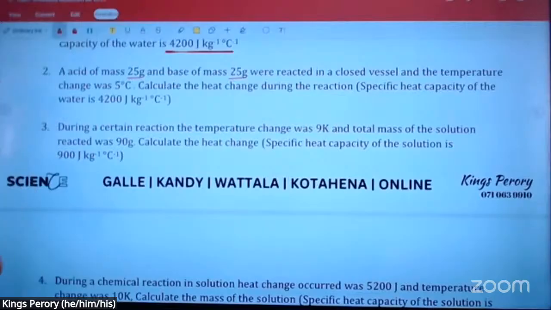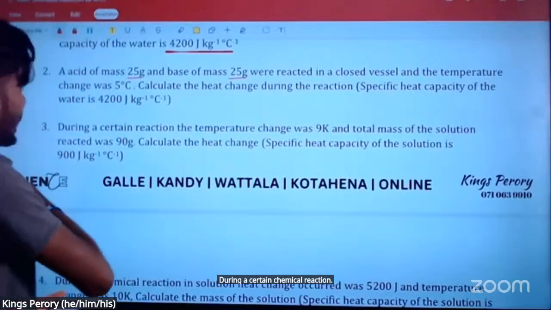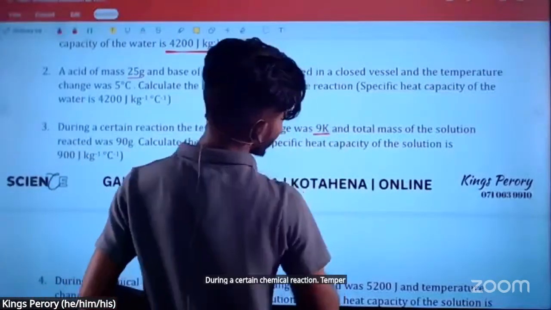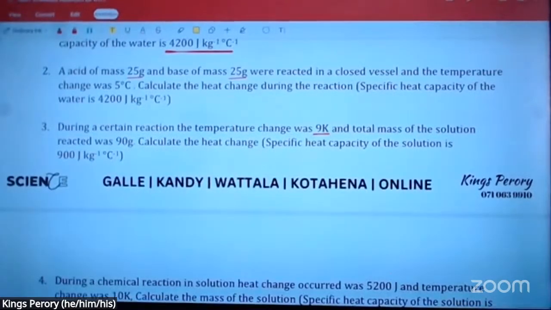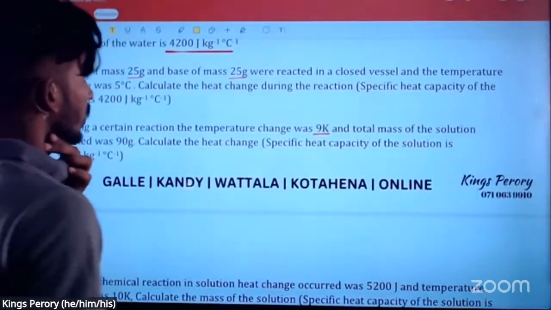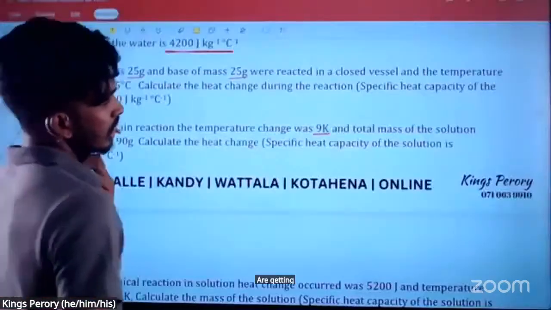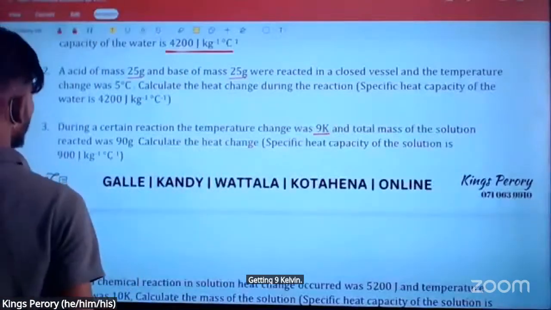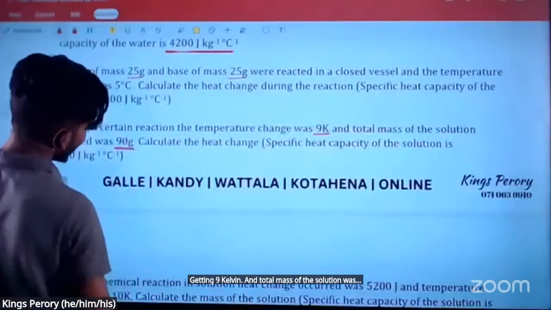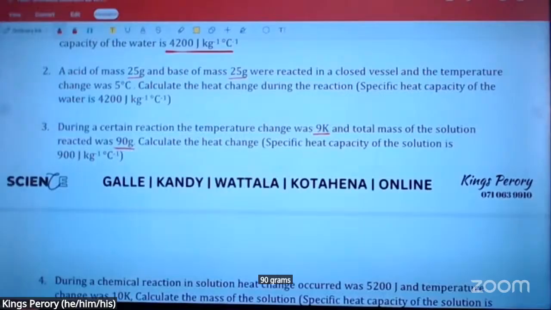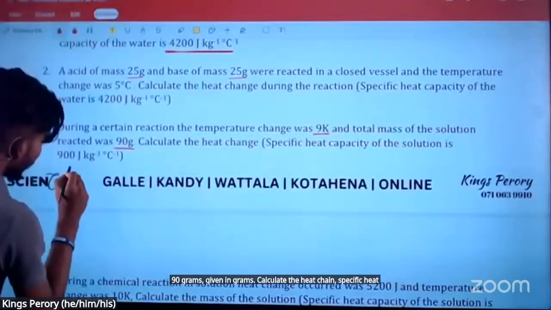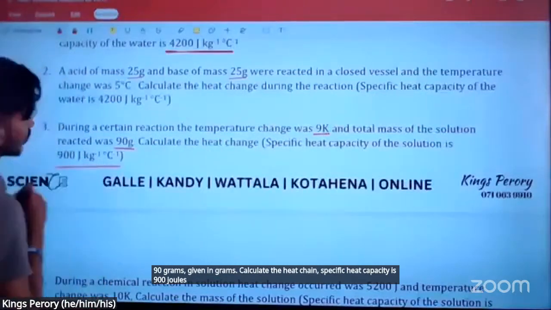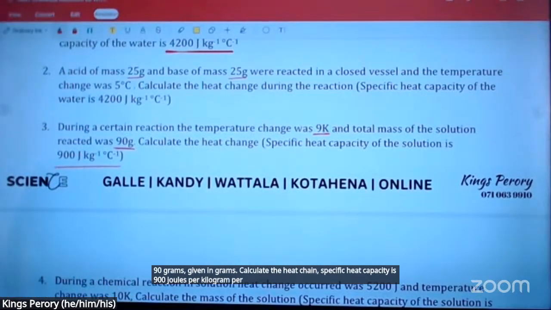During a certain chemical reaction, temperature change was 9 Kelvin, and total mass of the solution was 90 grams, given in grams. Calculate the heat change. Specific heat capacity is 900 joules per kilogram per degree Celsius.